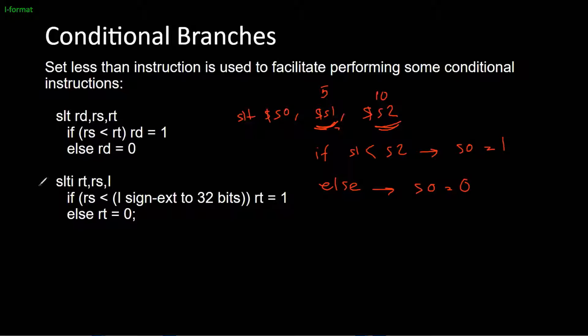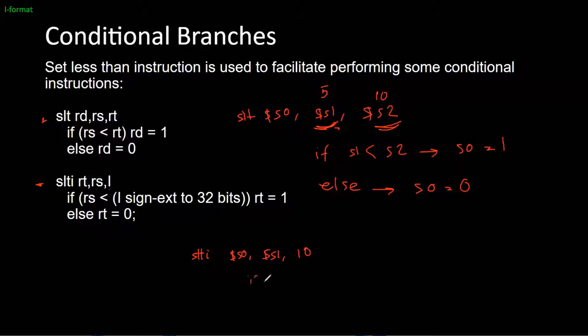We have also another version, set less than I, and it's exactly the same thing with the exception that instead of using the second register, we are actually putting the number. So you can put, for example, set less than I, S0, S1, and 10.